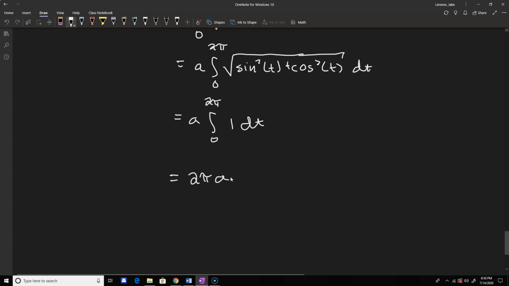So that's exactly the circumference formula for a circle, right? It's 2 times pi times the radius of that circle. So that's exactly the circumference formula, as expected.